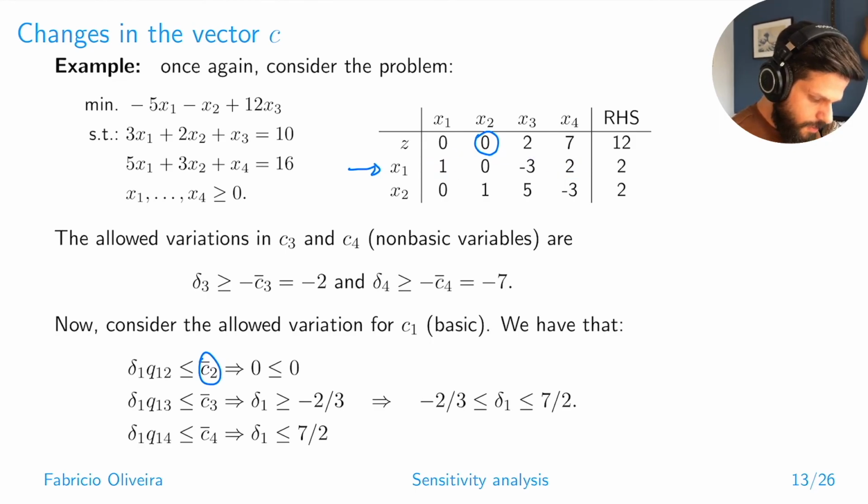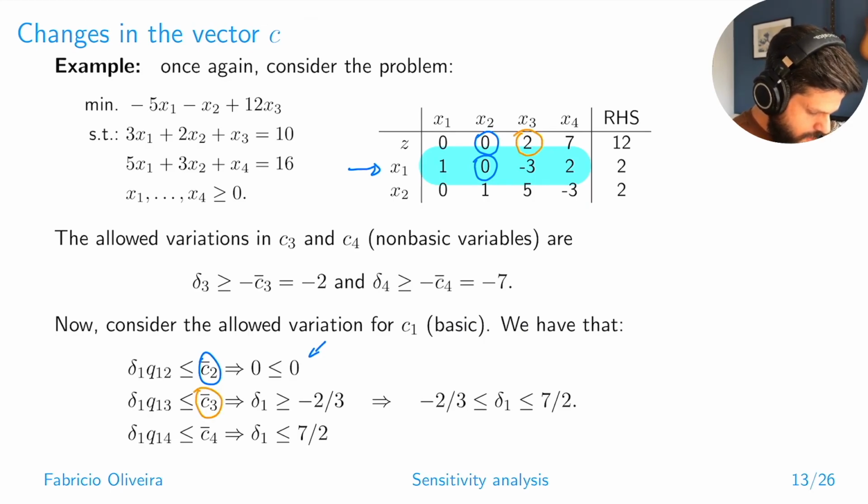So I'm looking at this row. These are my Q's from what we were saying before, and this would be my Q12, which is 0. So it gives me nothing. Now, when I look at x3, this is my reduced cost, and this is my Q13 right there. Let me mark this in blue. So I get this condition, right?